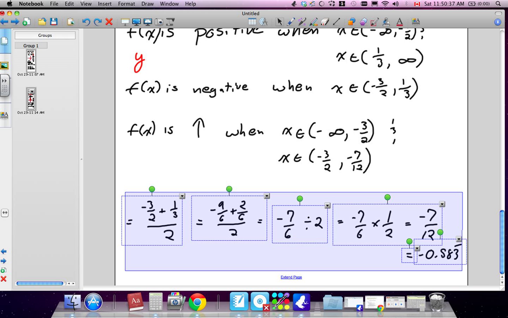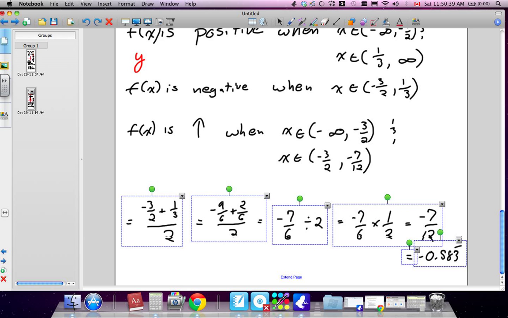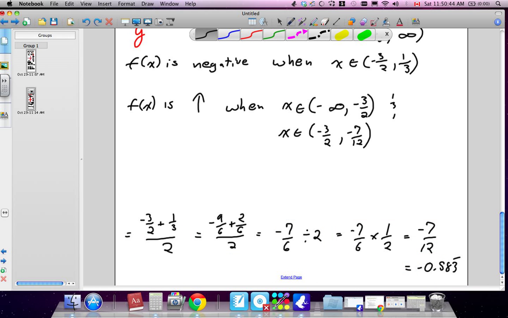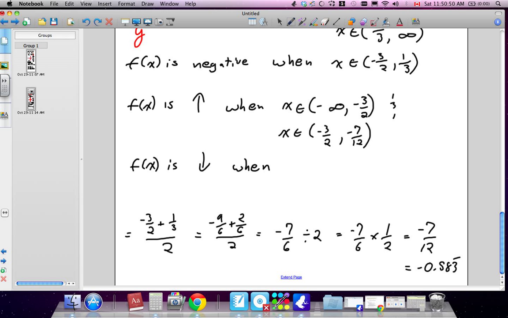Okay. And then, I'm just going to move our side calculation down a little more, because we've got to do f of x is decreasing too. Okay. F of x is decreasing when x is, and we've got to figure out what it's decreasing.